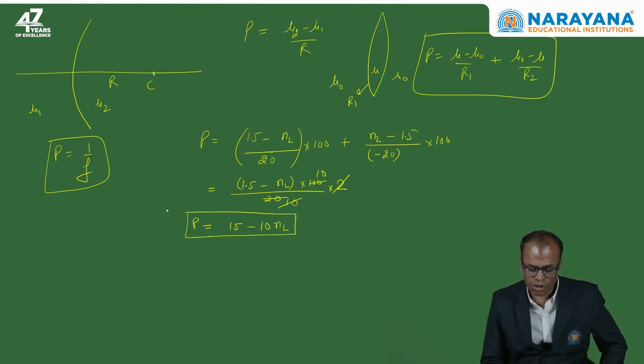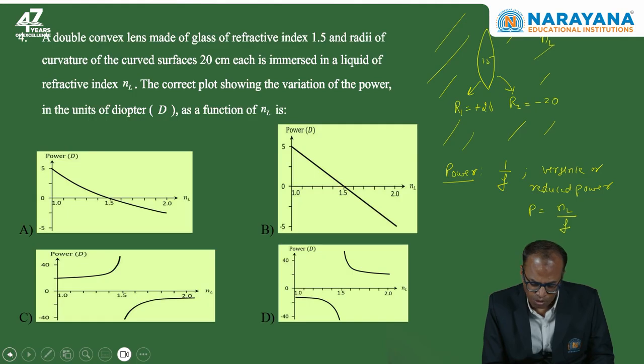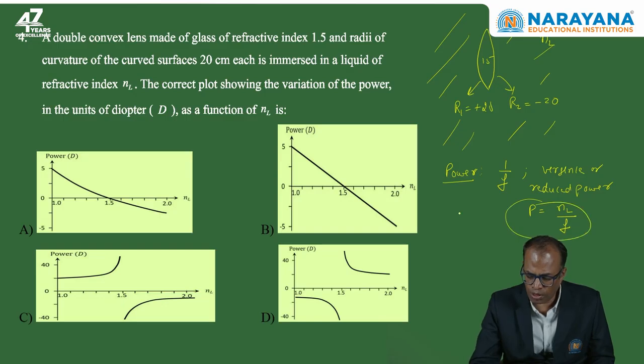So this is a linear function of the refractive index of the surrounding medium, a straight line with a negative slope, and the answer according to this is option B. So if we use this formula, then the answer is B.